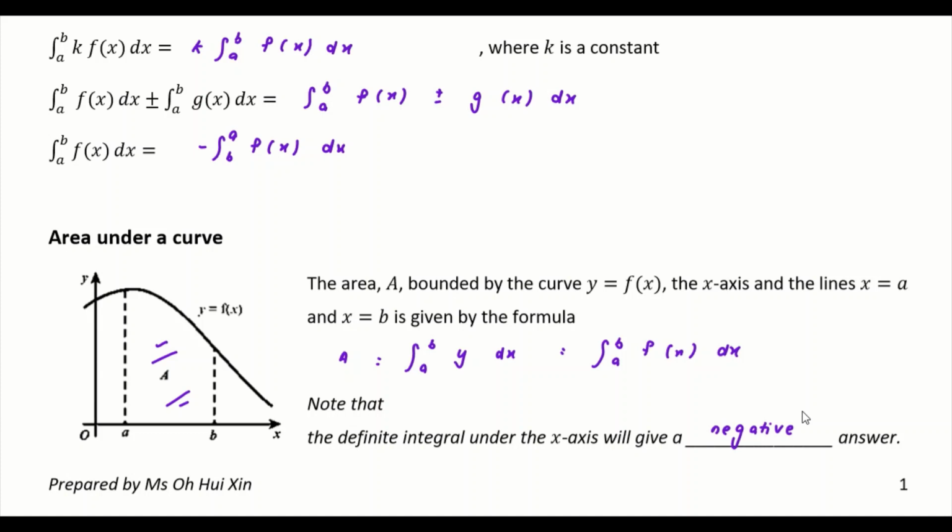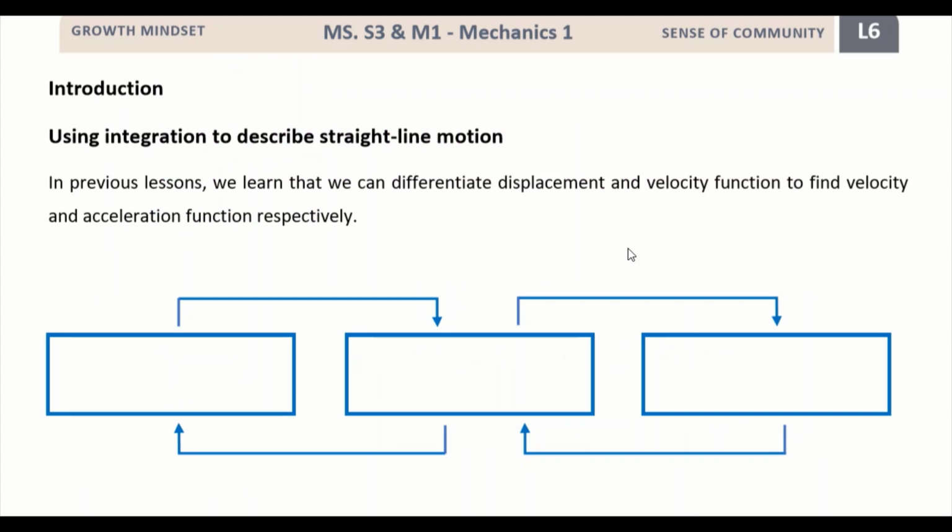Now let's look at the introduction for this lesson. For the concept today, we are going to use two ideas to help us understand. The first is simple: integration is basically the opposite operation of differentiation, so we use this relationship to come up with the diagram. Then you will know how to answer everything.